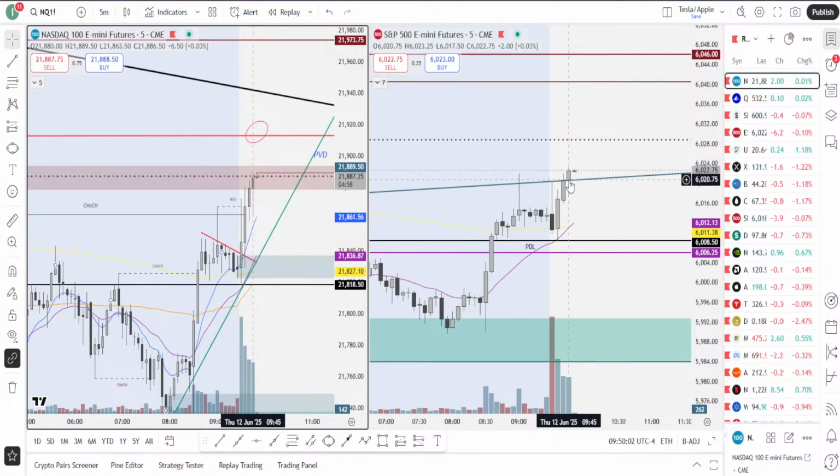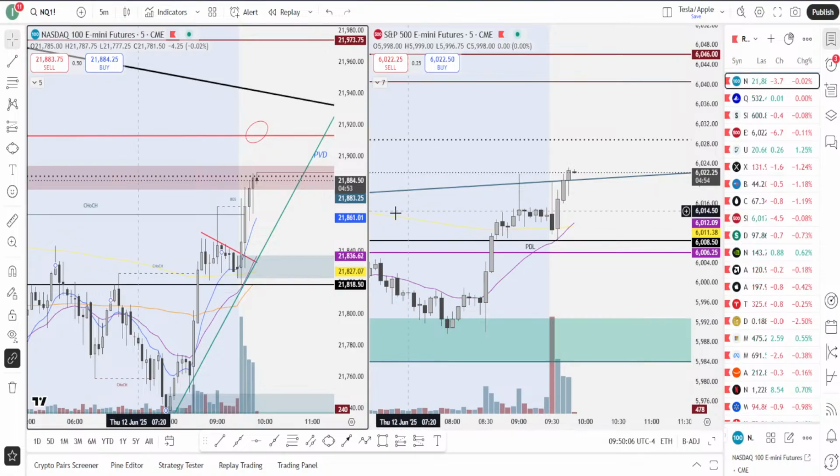Buyers are strong here. Buyers are strong here as well. They might be able to punch through this.